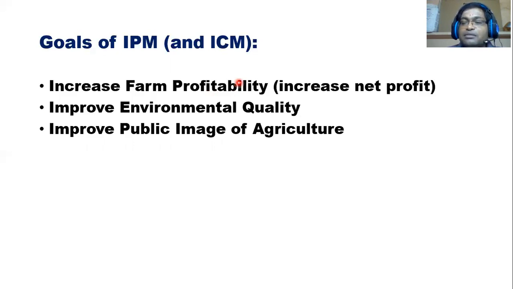If resistance develops and the pesticide is not working, the cost will be high. And public image. Nowadays, people are not buying pesticide-applied vegetables and foods. We are going towards organic agriculture, organic products. Therefore, our goal of IPM is to satisfy these three: increase the farm profitability, improve the environmental quality, improve the public image.